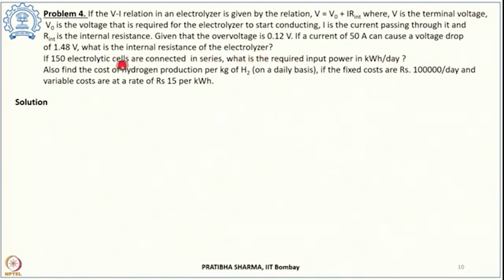Also, if a stack is made by connecting 150 electrolytic cells in series, what will be the required input power, which we have to express in kilowatt hour per day.